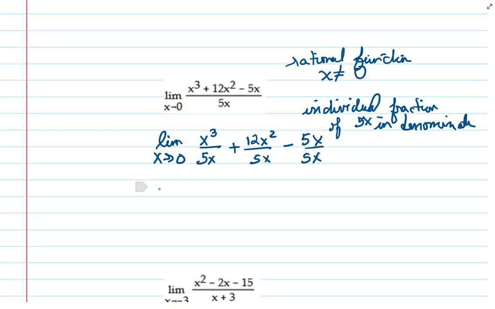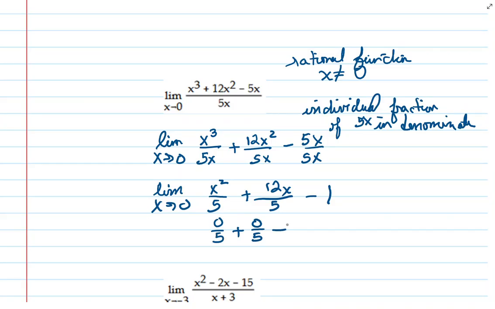We're going to simplify, and I'm going to have x squared over 5 plus 12x over 5 minus 1. Well, if I put in 0, I get the limit of negative 1. Sorry about that. Negative 1.